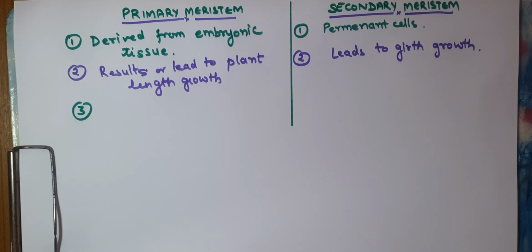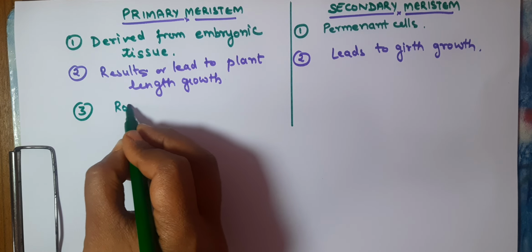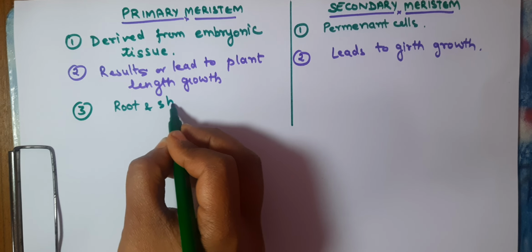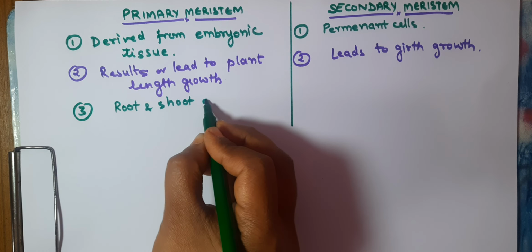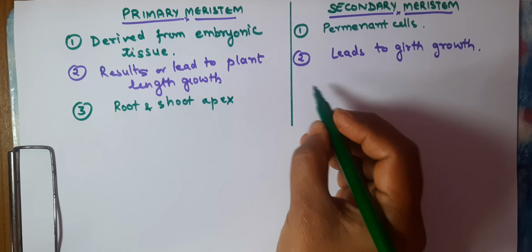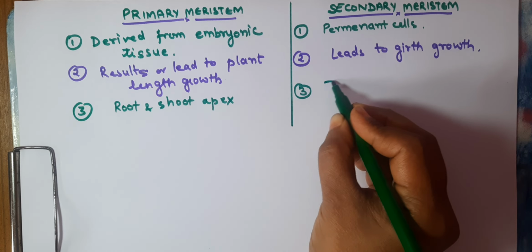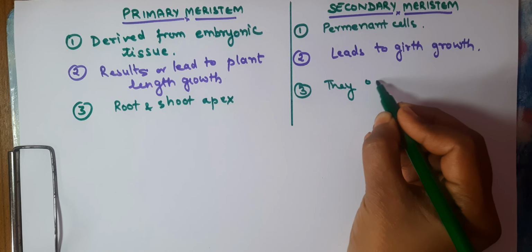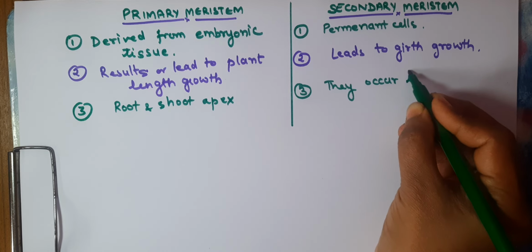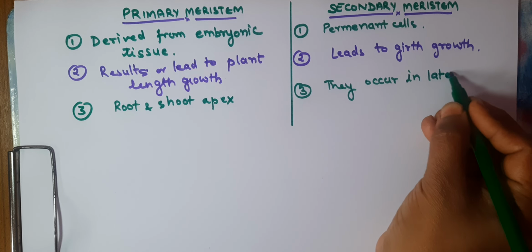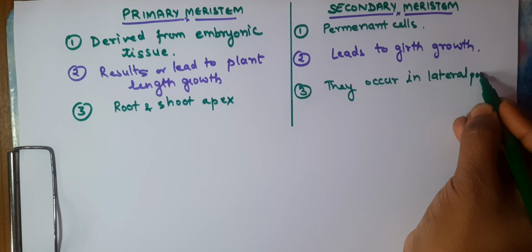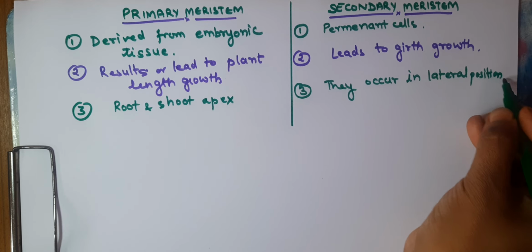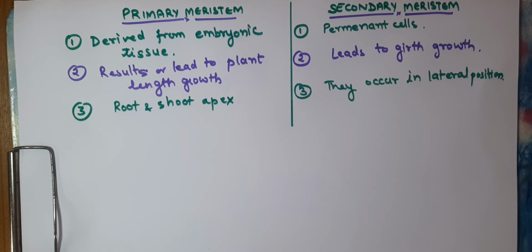The third difference between the two is that the primary meristem is present at root and shoot apex, whereas the secondary meristem occurs in the lateral position and appears after a certain stage of development.